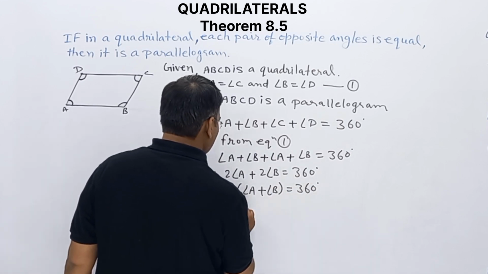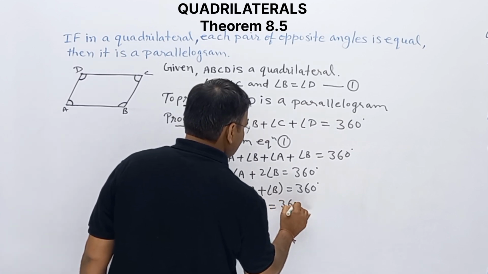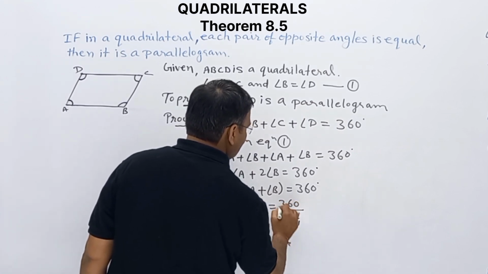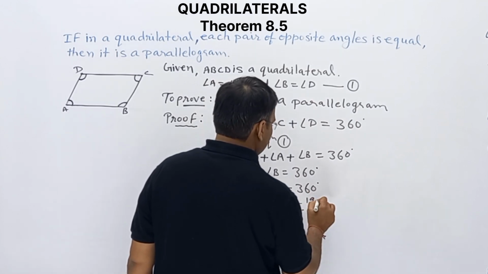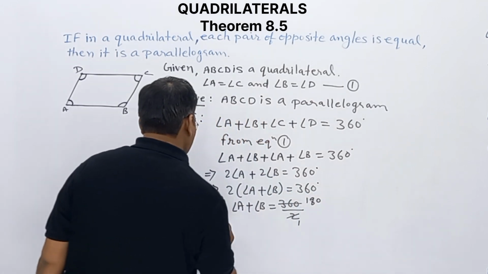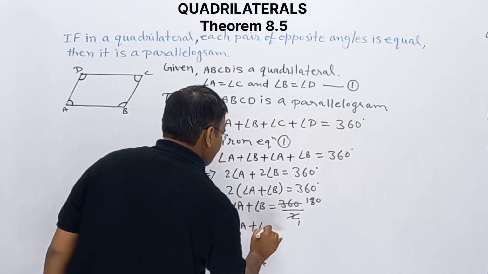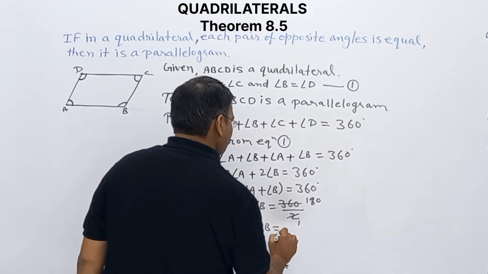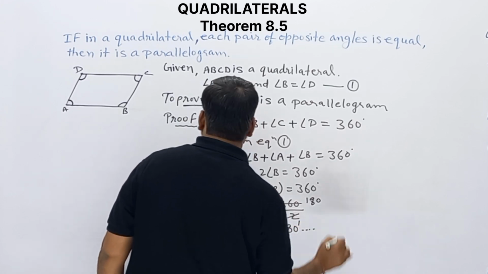So angle A plus angle B will be 360 divided by 2. So what are we getting? Angle A plus angle B equal to 180 degrees.